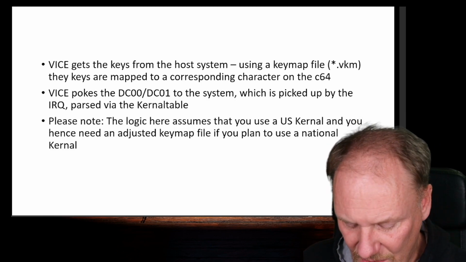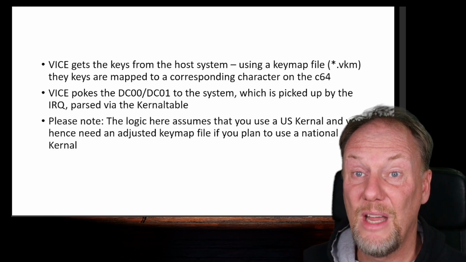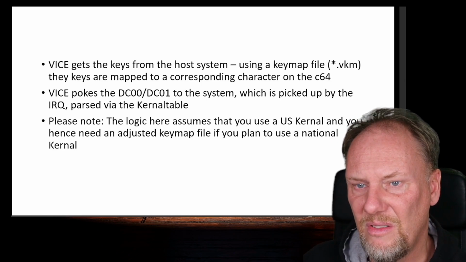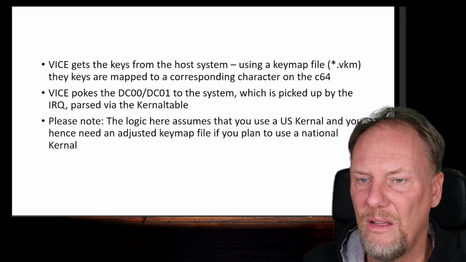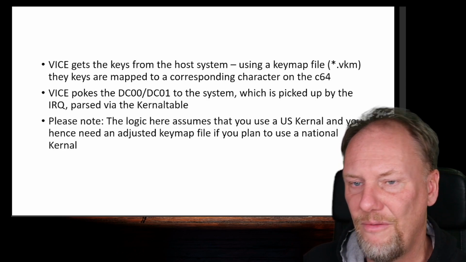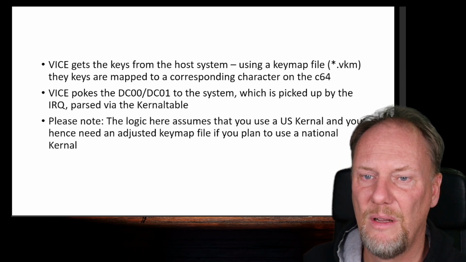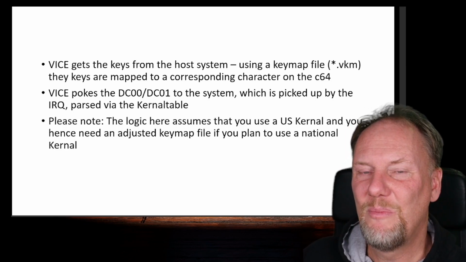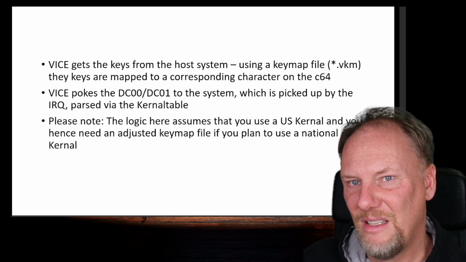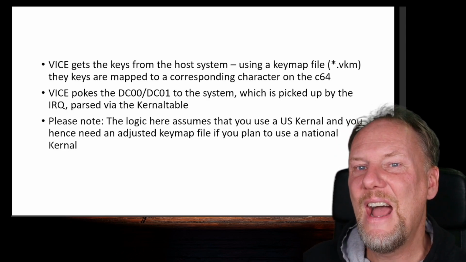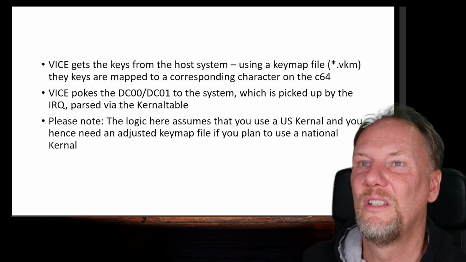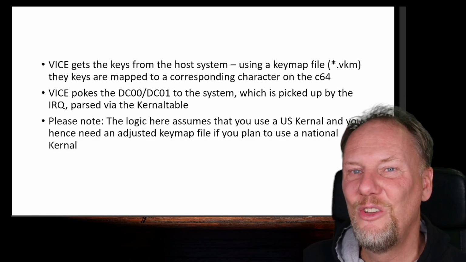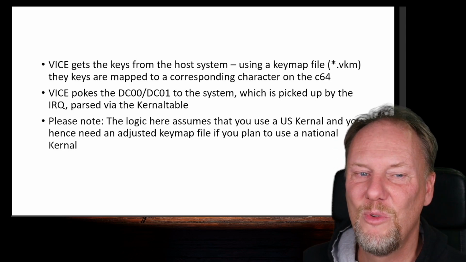So Vice is already fed with a number of characters from your keyboard, and then it processes that via a file type which is called VKM. So that is basically the glue that sits between your OS detected characters and the DC00 and DC01 inside your emulated Commodore machine.